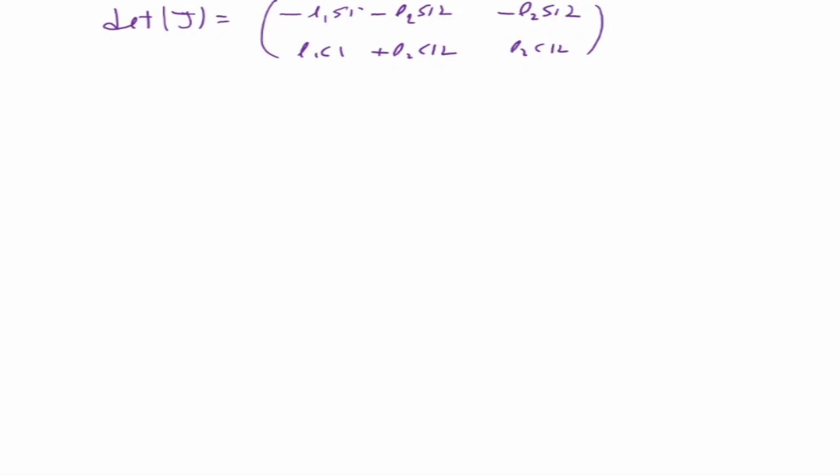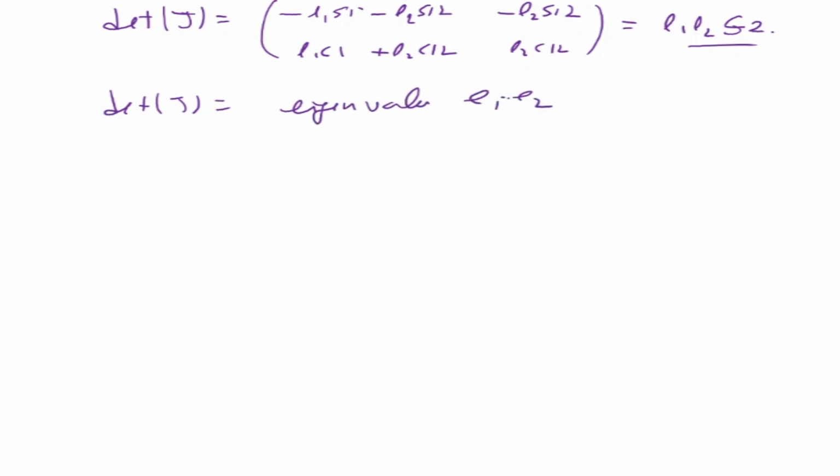This was our Jacobian, and we said the determinant was L1 L2 sine 2. Now what about a non-square matrix? What about its determinant? Now we can also find the determinant of J by finding the eigenvalues E1 and E2. So the determinant is also equal to the product of the eigenvalues.